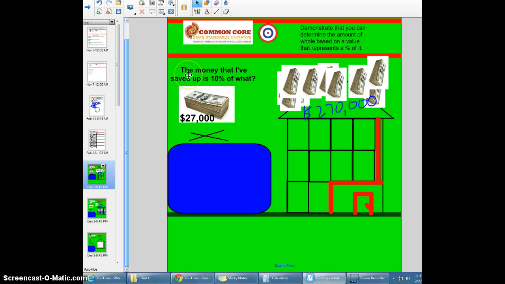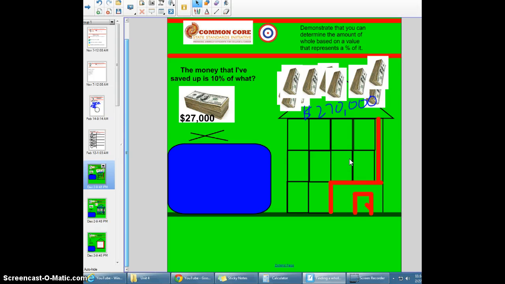My down payment is 10% of what number? I'll repeat that again. My down payment represents 10%. My down payment is $27,000. That's 10% of what number?